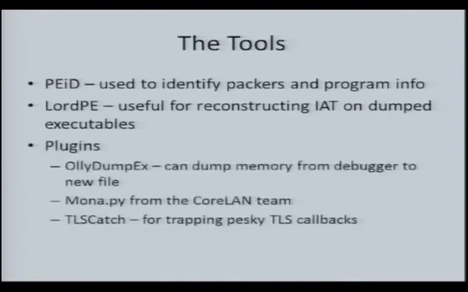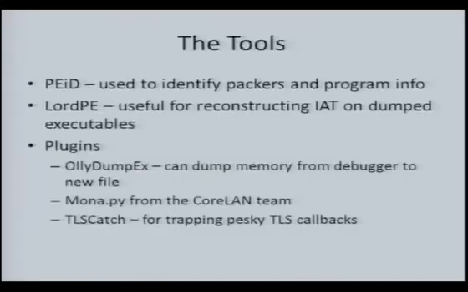Other plugins that you might find useful: OllyDump or OllyDump X. OllyDump X is the new version, and it is available for Olly, Immunity, and I believe it also has a WinDbg version available as well. OllyDump is useful for, again, once you unpack a program, you can then dump its memory space into a file, and then that file has the packer stripped off, and you can get clean code out of it.